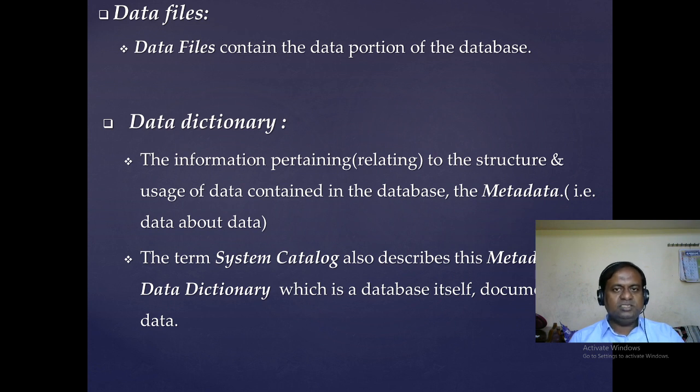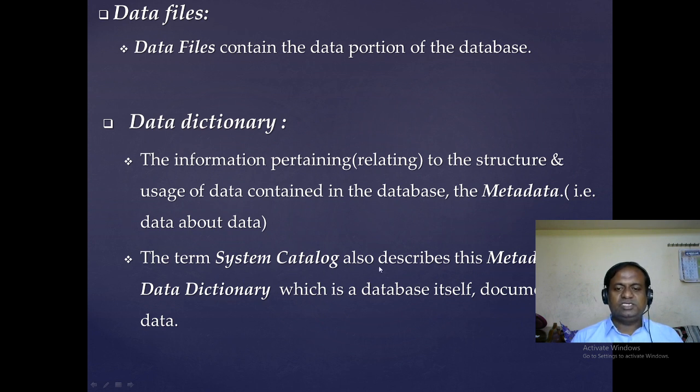So that is nothing but data about data. How much space is used from the data file and how much space is free in the data file. So data file related data is nothing but data about data. That is called metadata. So all these kinds of metadata are stored in the data dictionary.